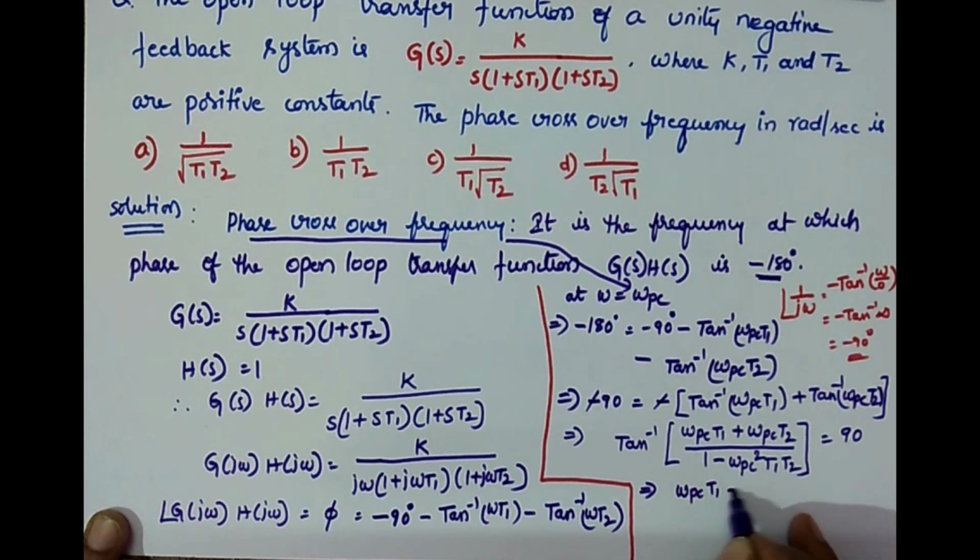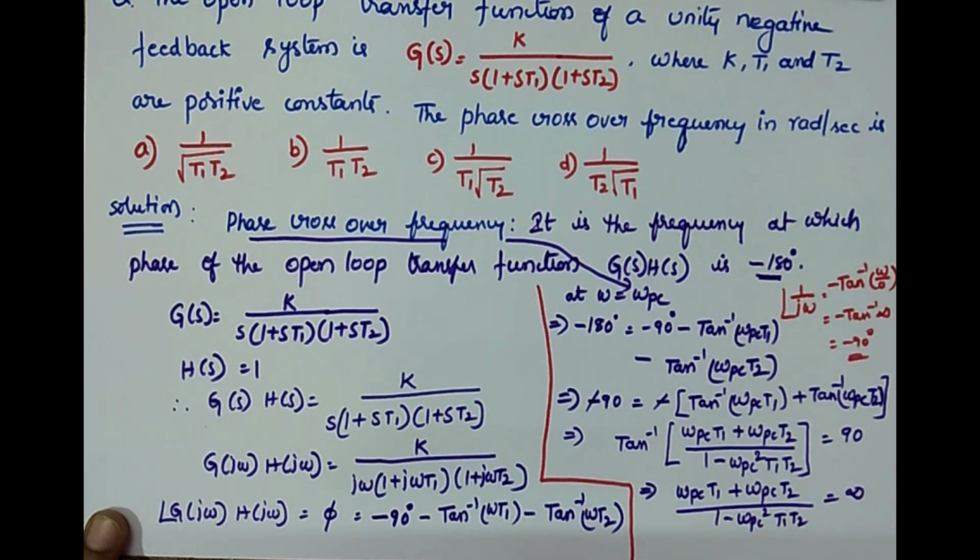We all know tan 90 is infinite. So (ω_pc T1 + ω_pc T2) / (1 − ω_pc² T1 T2) is equal to infinite. When will it be infinite? When the denominator is 0.